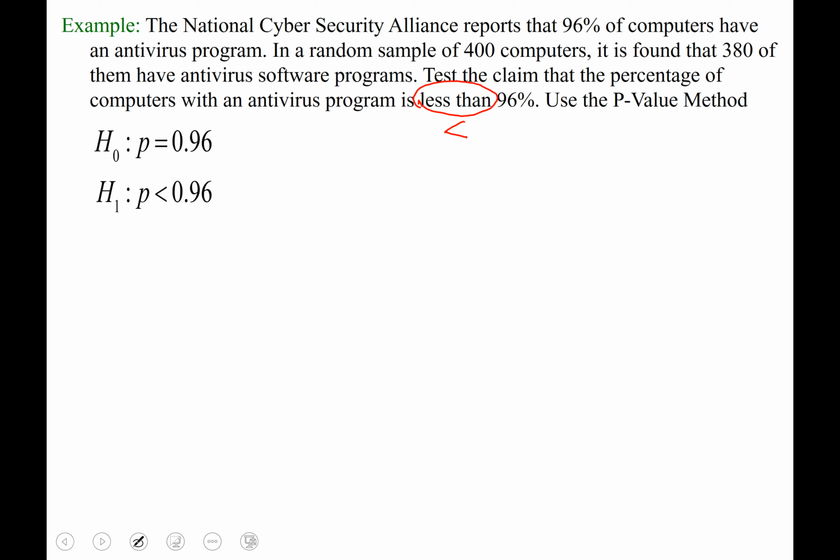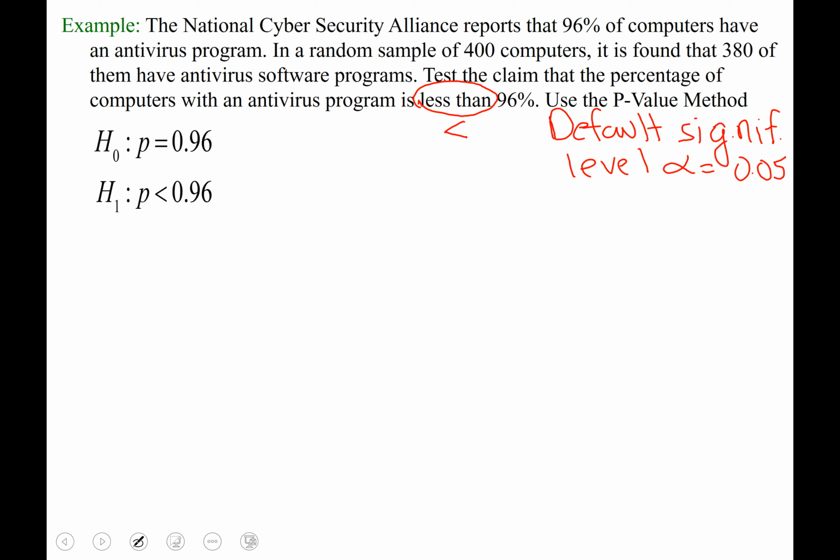It's a good time to point out that the default significance level, alpha equals 0.05. Okay, so we're going to be comparing 0.05 to the p-value.